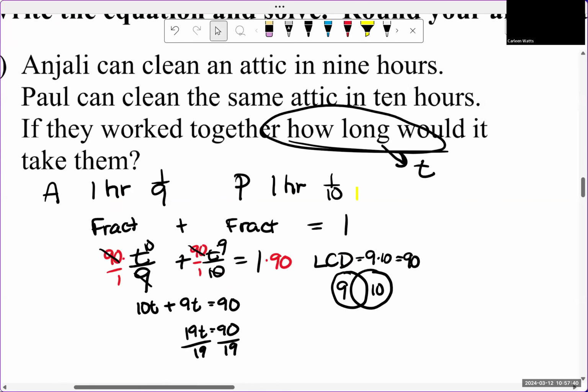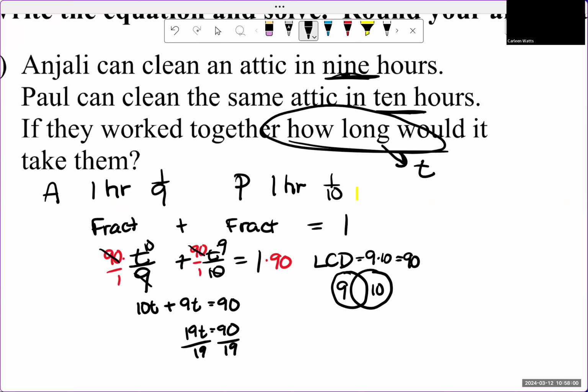If Anjali takes 9 hours and Paul takes 10, if there were 2 Anjalis, can you see that 2 Anjalis working together would be 4.5? And 2 Pauls working together would be 5 hours, right?